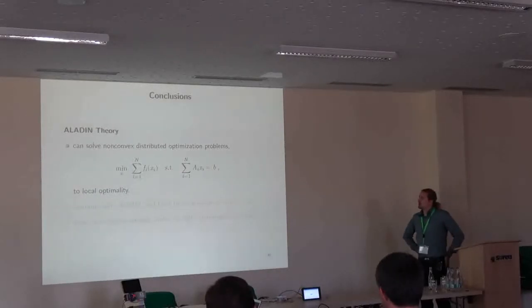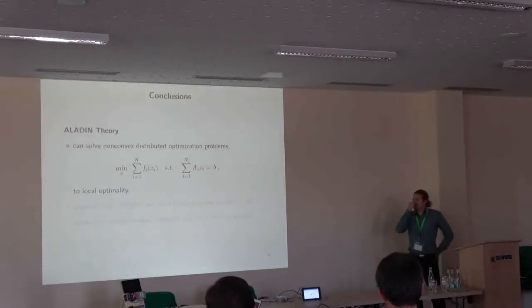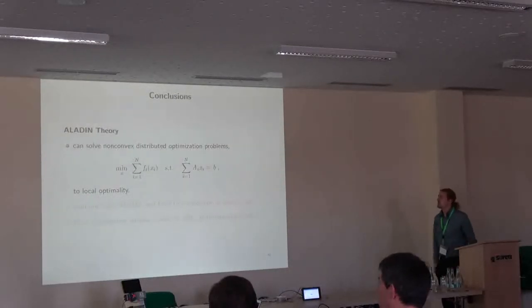What I tried to outline is that Aladin can solve non-convex distributed optimization problems to local optimality. As Rado pointed out, the word local here is really important. It's not global optimality, just once more.